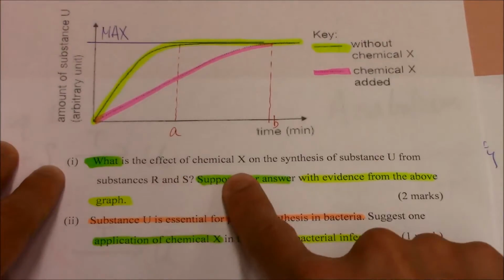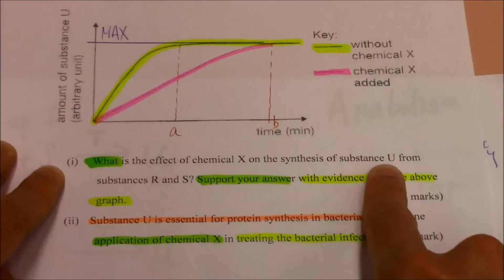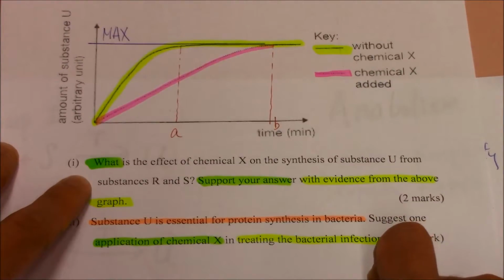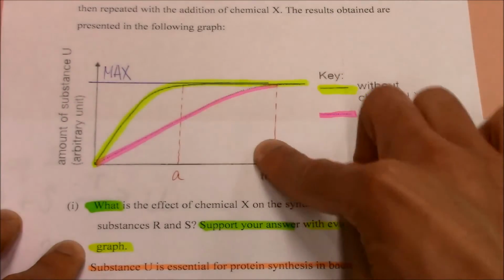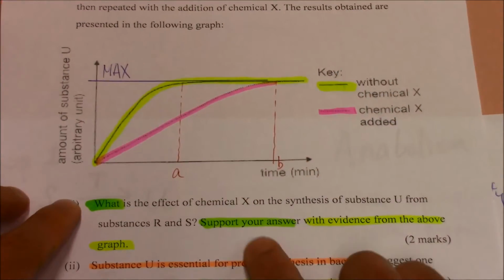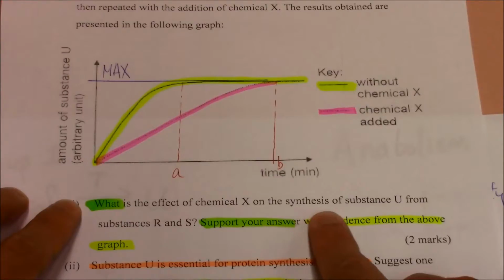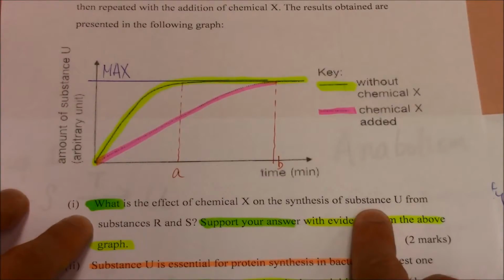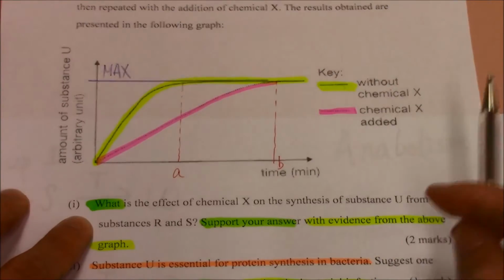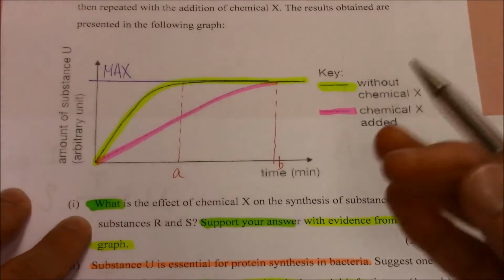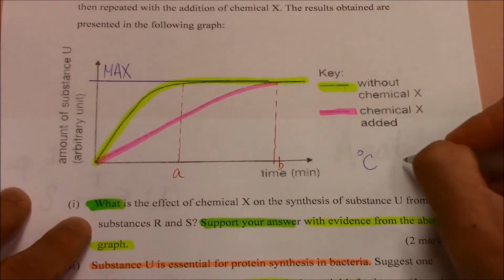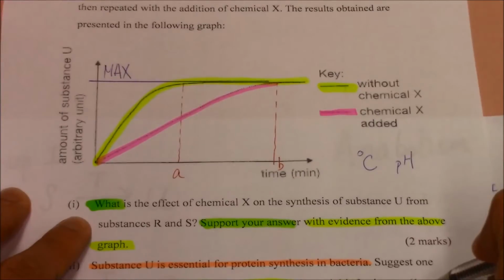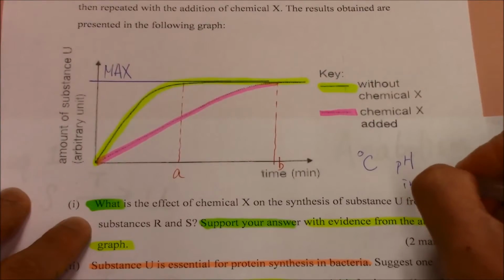And then we take a look on part B1. What is the effect of chemical X on the synthesis of substance U from substance R and S? And support your answer with evidence from the above graph. Of course, we need to use the graph. But the point is what is the effect of chemical X on the synthesis of substance U from substance R and S? So probably in chapter 4, we only learned 3 factors. One is the temperature, and the second one is the pH, and the last one is the inhibitor.